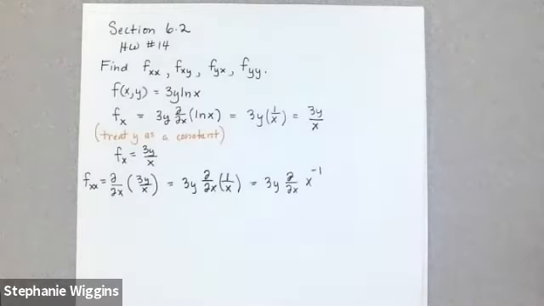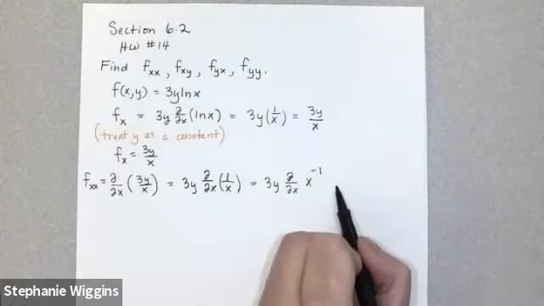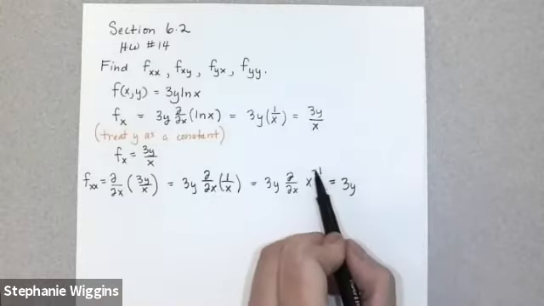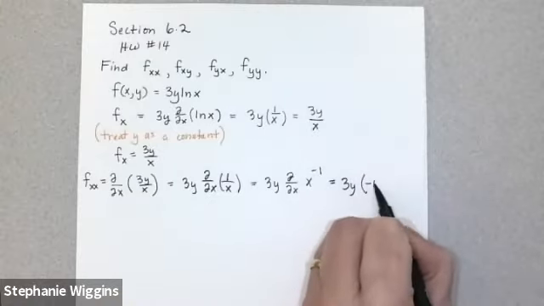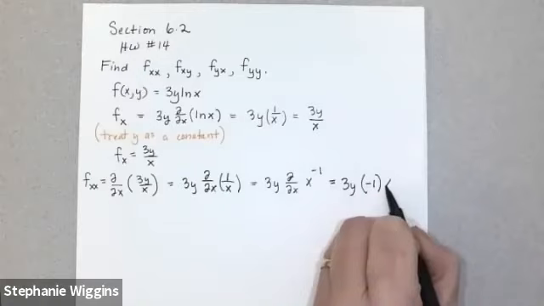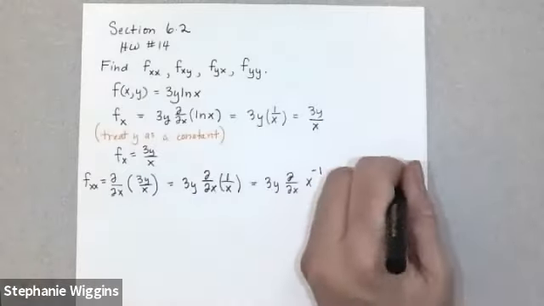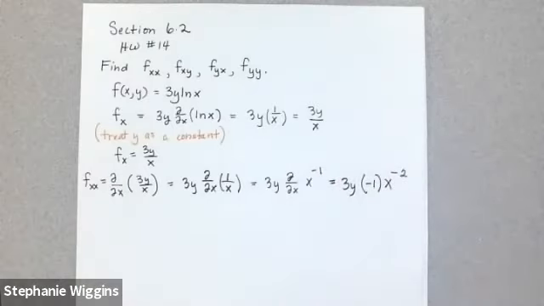Now that I've written it as a power, I can go ahead and apply the power rule for this, and it becomes minus 1 times x to the power of negative 2. Why negative 2? Because I'm taking negative 1, and you always subtract 1 from the exponent when you're applying the power rule. So this becomes negative 2. Okay?